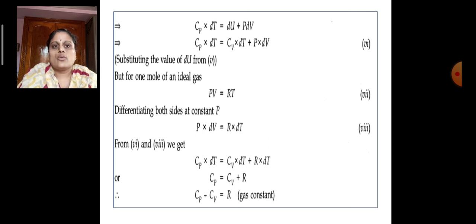From the above equations, we can write Cp into dT is equal to Cv into dT plus, instead of P into dV, we can write R into dT. Cancelling dT in all the terms, we get Cp is equal to Cv plus R, or Cp minus Cv is equal to R. We had already discussed the fact that Cp is always greater than Cv.